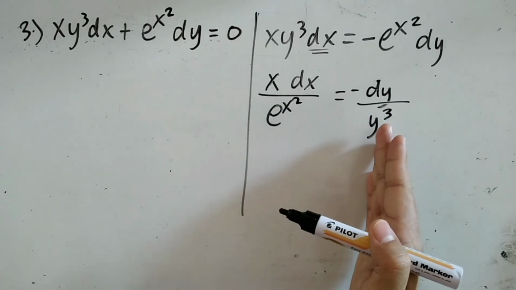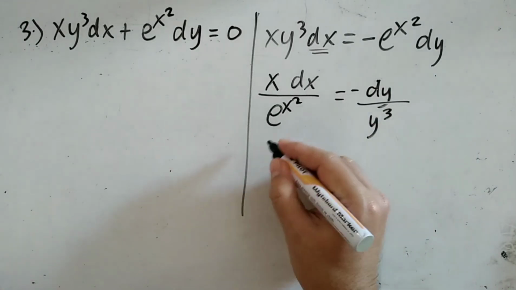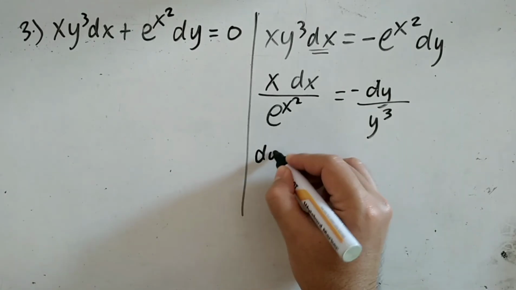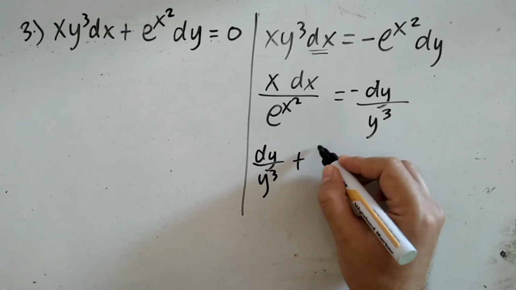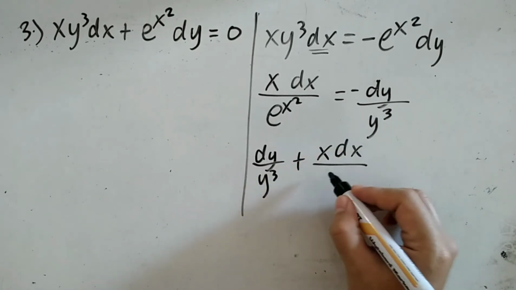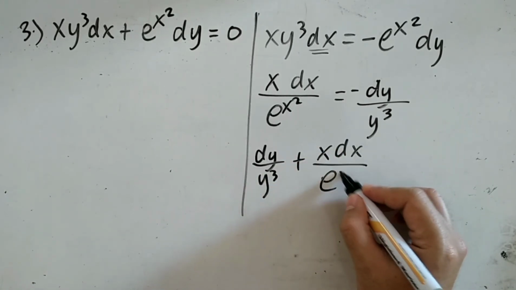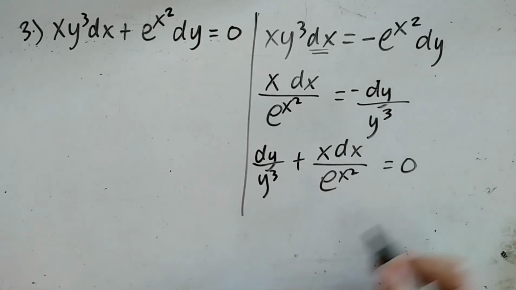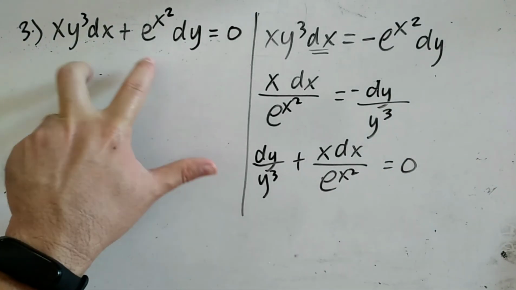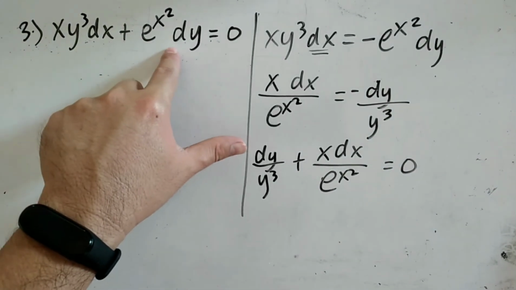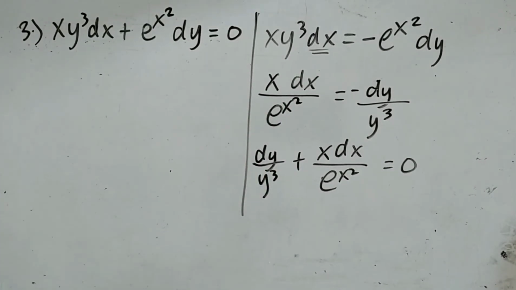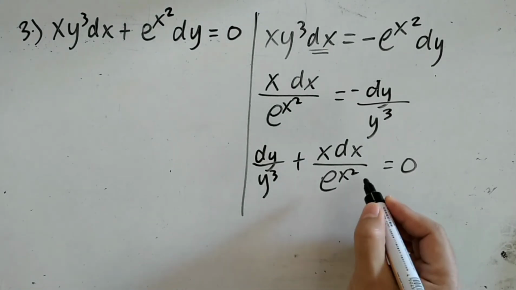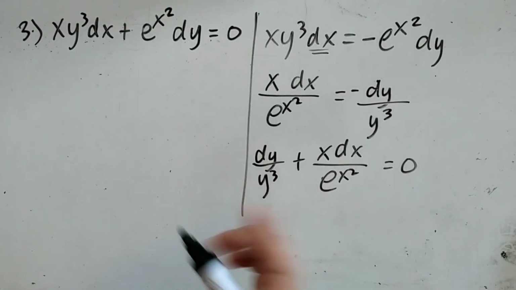And then after we return it to the other side, we have positive dy over y cubed plus x dx over e to the x squared equals 0. If we do not transpose this expression to the other side and we simply separate the variables, that will also yield the same answer.